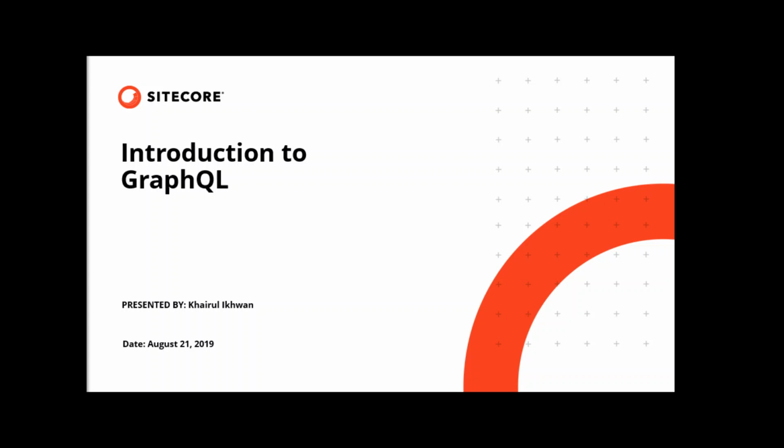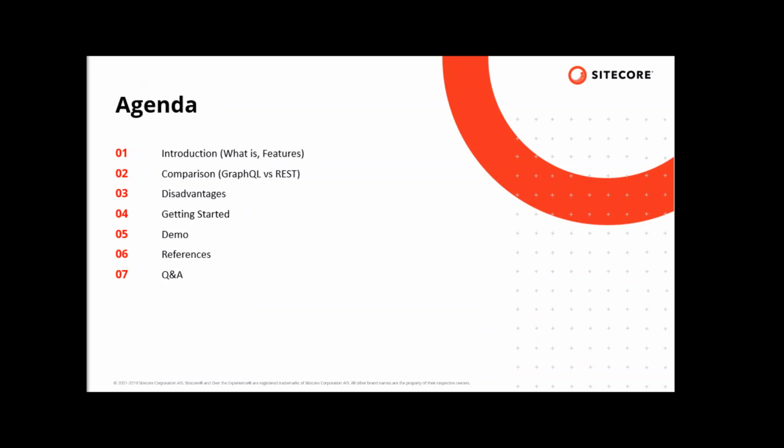First of all, let's go through the agenda of the presentation. I'll talk about what GraphQL is and its basic features, and then, of course, the history, how it was introduced to our technology. Then I'll talk about the comparison, GraphQL versus REST API. You must have heard a lot about REST API before, and in fact, we are using it here.